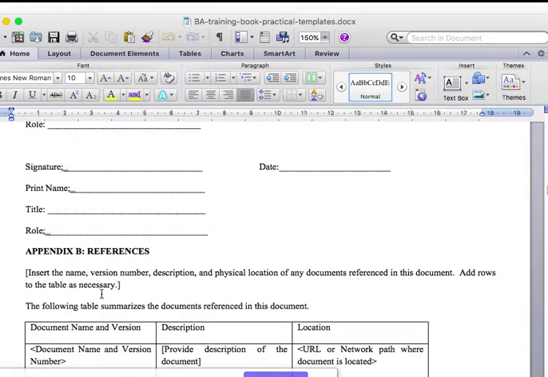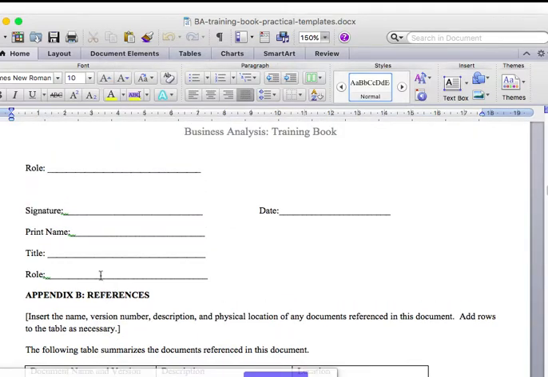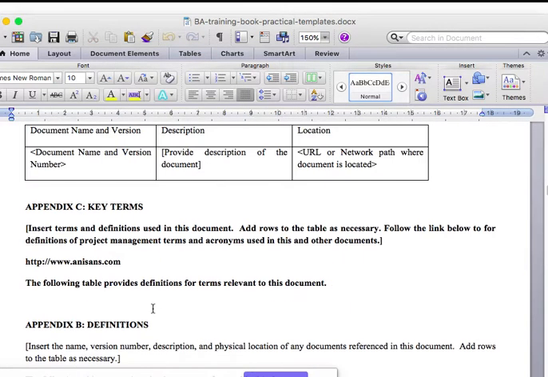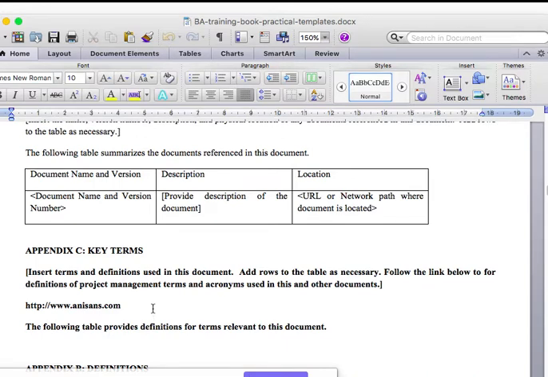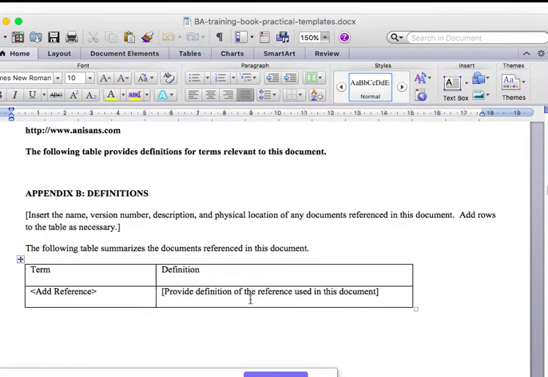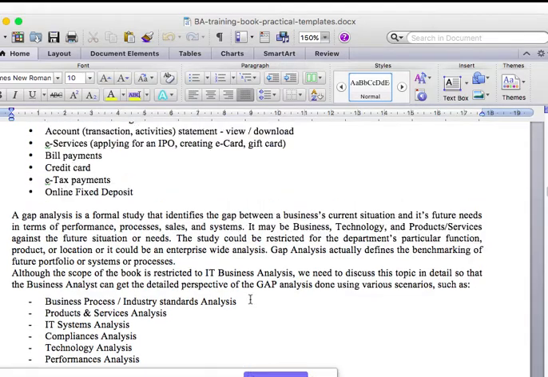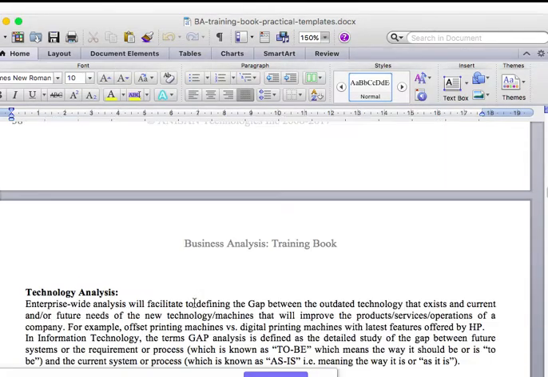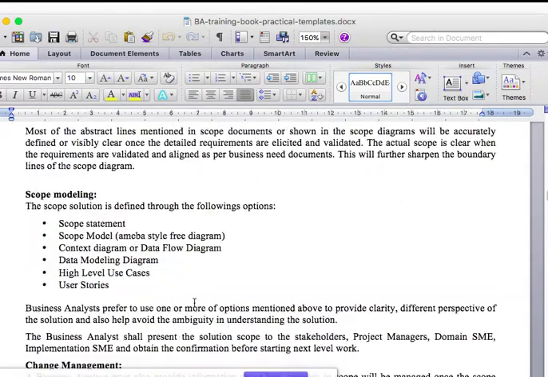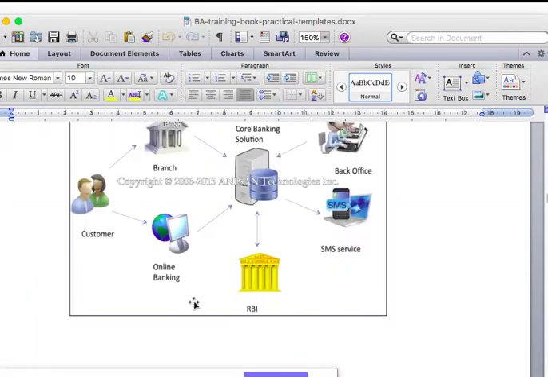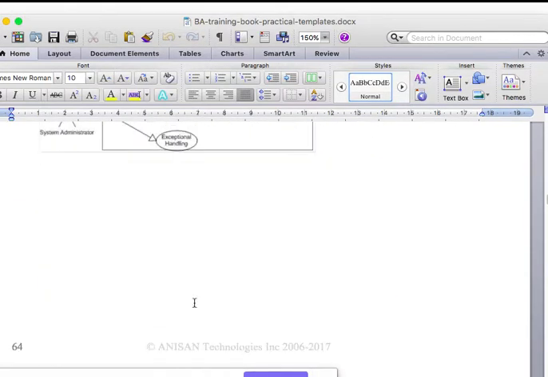There may be one or more stakeholders who have to sign, so you can add their names. Now here are the document name and version, description and location. Now I'm going to show you the second document, which can help you understand.